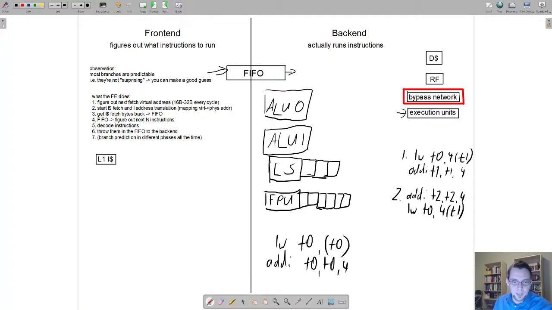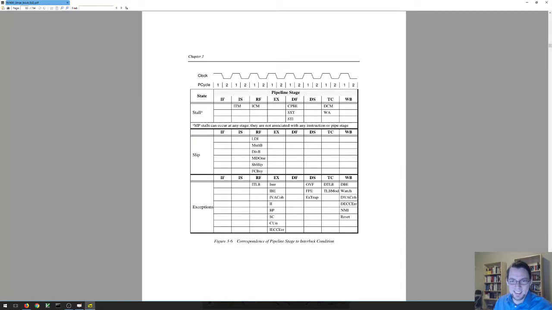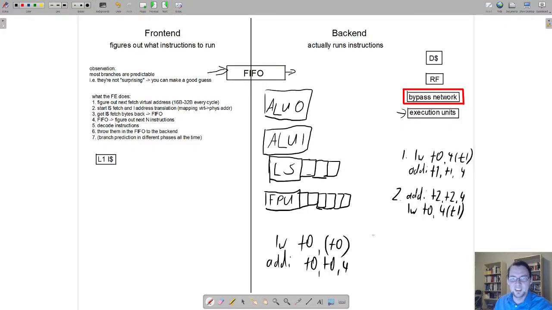So this load word T0 from T0 will do a cache lookup. That line might be in the cache or it might not be. It just grabs some data, and before it knows for sure whether that data was actually there, it has already forwarded it.